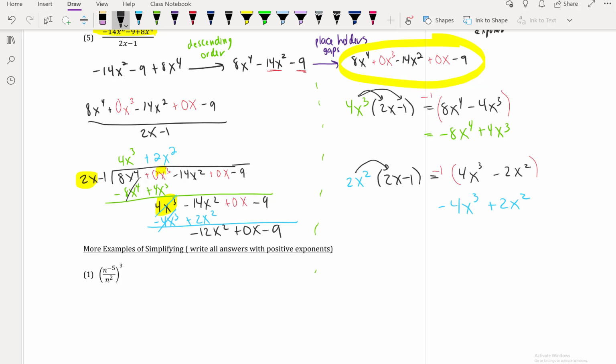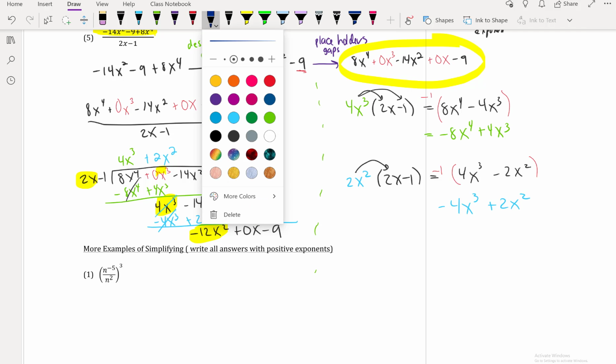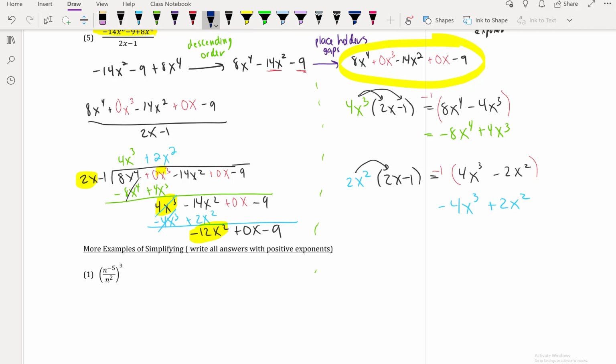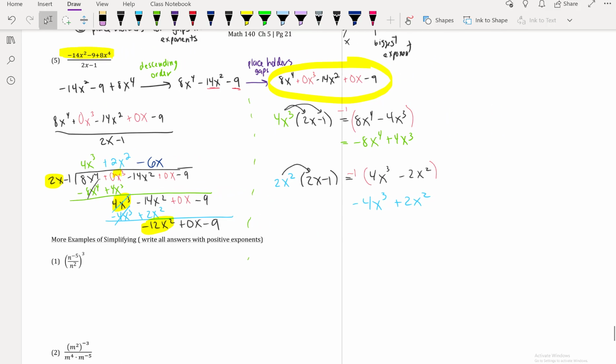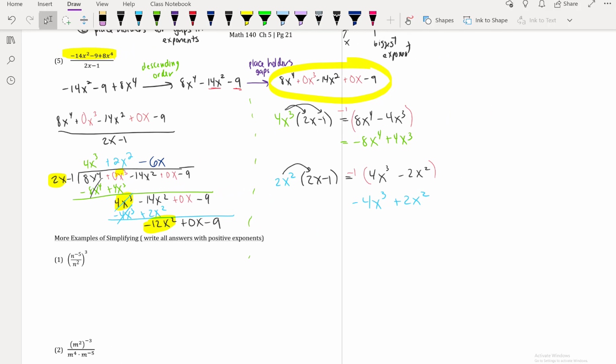So now that I'm here, I still want to think about that 2x, but now that 2x is going to be dealing with this negative 12x squared. So negative 12 divided by 2 is going to give me a negative 6. If I have x squared divided by x, it's going to give me x. So again, I'm kind of running out of room, but that's okay. I'm going to get this now as a negative 6x that's being multiplied by my 2x minus 1.